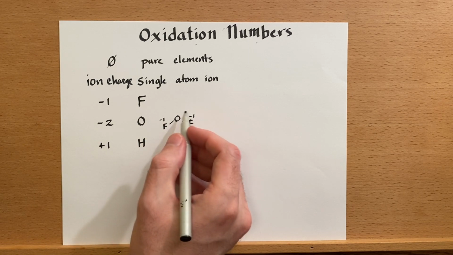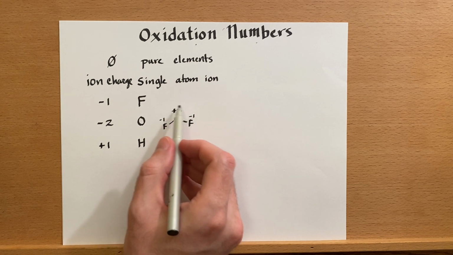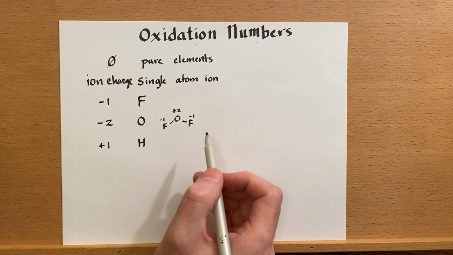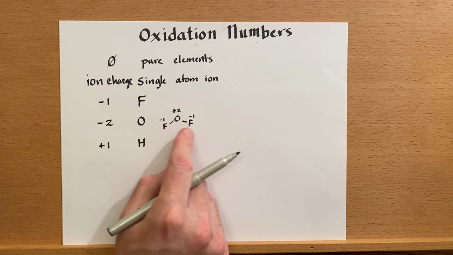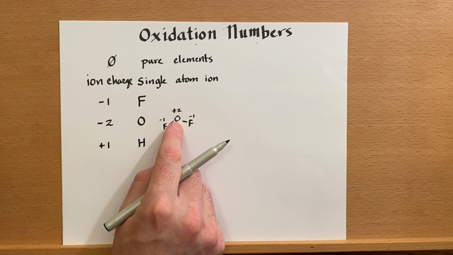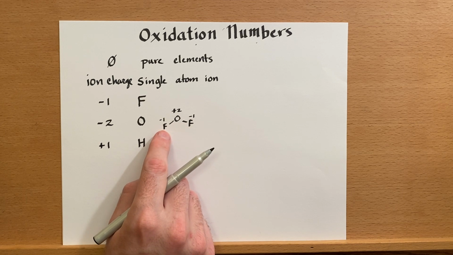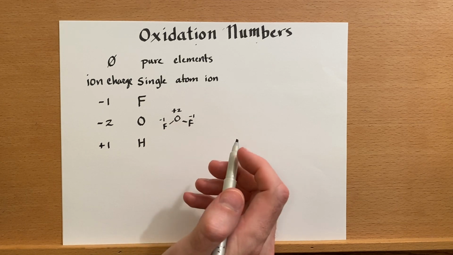And since this is 0, this must be +2 because that will now add up to 0, which is the charge of the overall molecule. So in this case, oxygen has quite a high oxidation number, and that is simply because the fluorines are -1s.